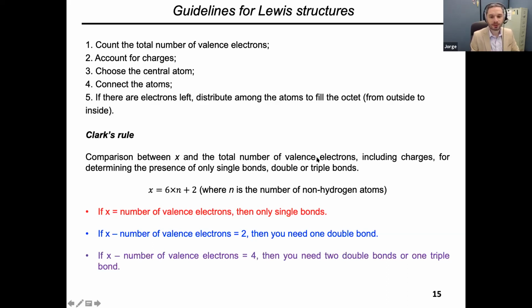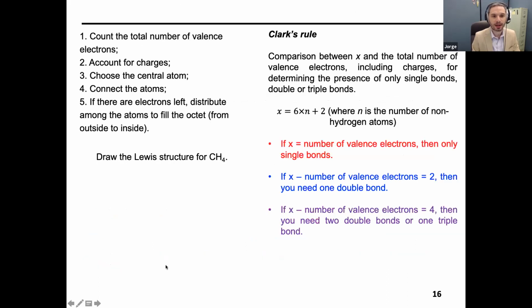All right, so the best thing to do to understand these ideas is by doing an exercise. So let me do this together, and then I will show you step by step what I mean for each of those steps. So let's draw the Lewis structure for CH4.